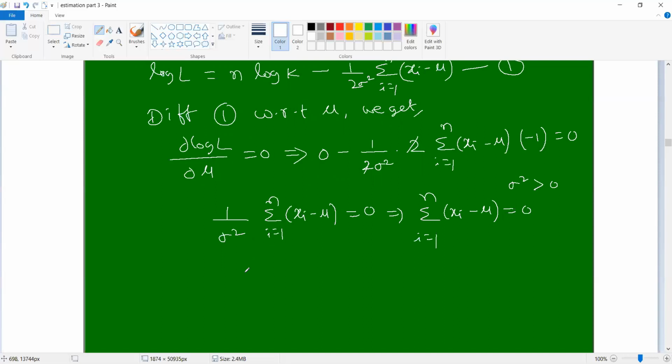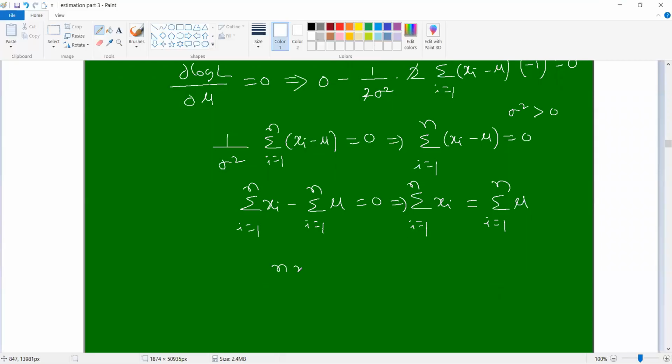Now apply the summation: summation i is equal to 1 to n xi minus summation i is equal to 1 to n mu is equal to 0, which implies summation xi is equal to summation mu.